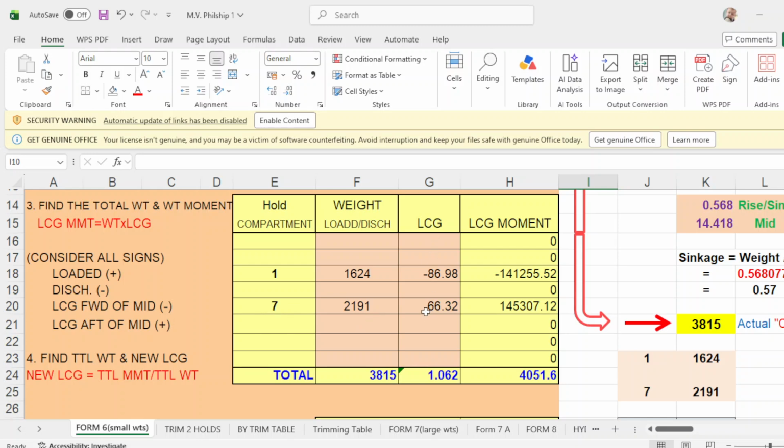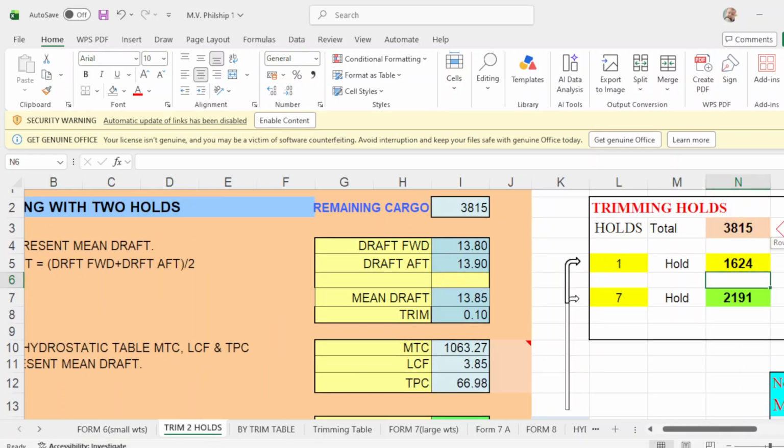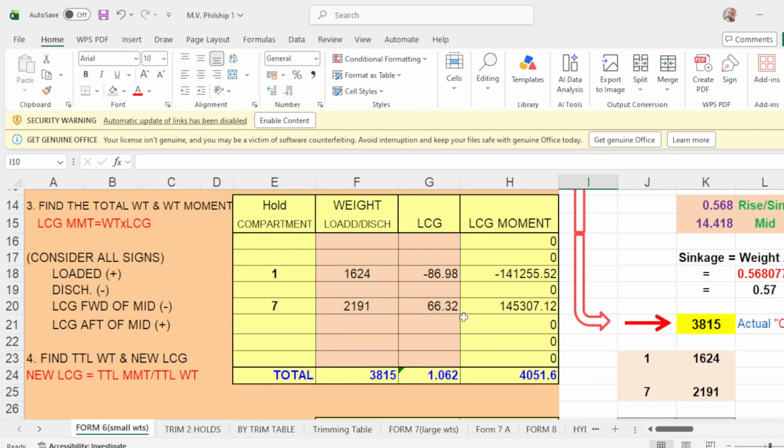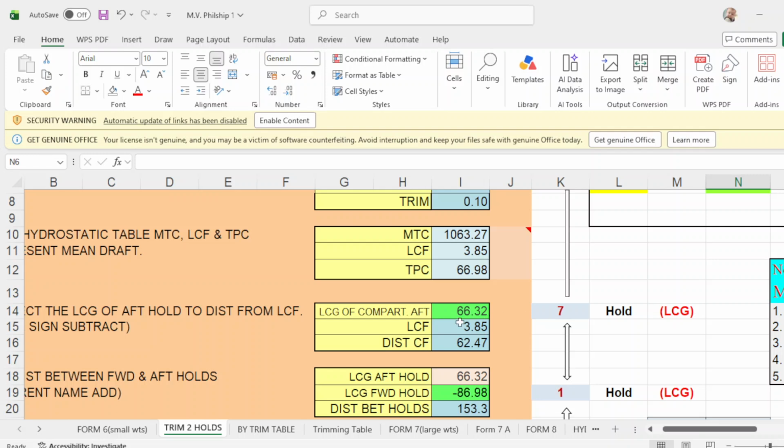Apply the LCG, so check the LCG. Number 1 is negative 8698 and number 7 is 6632. So it's confirmed.